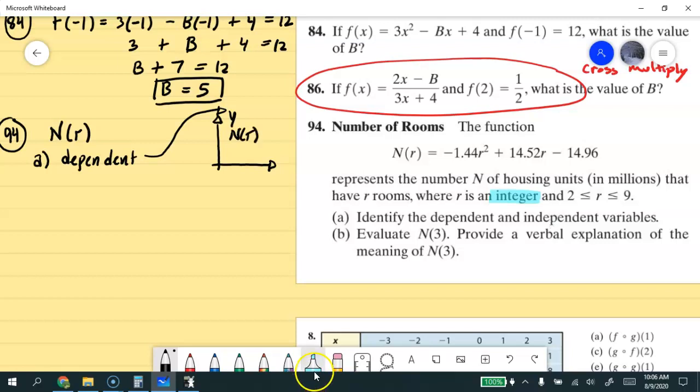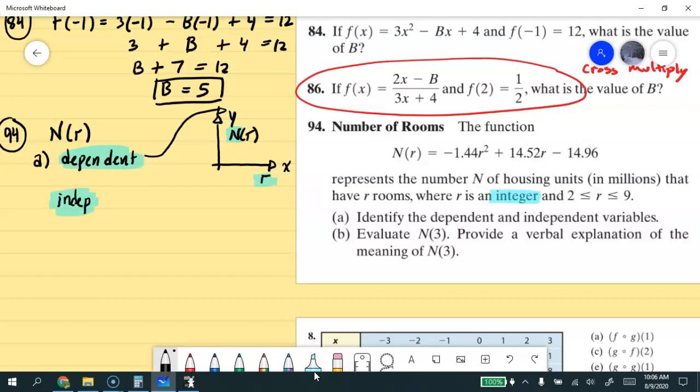So dependent variable is your n right there. Okay, and more specifically, we refer to it as n of r. That's it. What is the independent variable? The independent variable is the x variable. In this situation, the x variable is going to be r. All right, and so again, the independent is r.